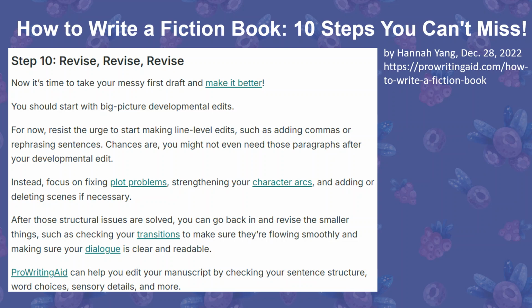Because just glossing over in this one sentence where it says, instead, focus on fixing plot problems, strengthening your characters, and adding or deleting scenes if necessary. I mean, that's really just glossing over what developmental edits is. I think they should really write an article, or link it to this developmental edit part, because that entails a lot of stuff.